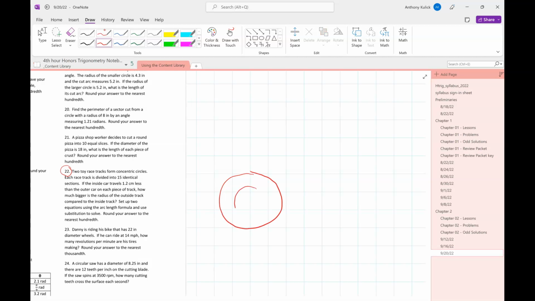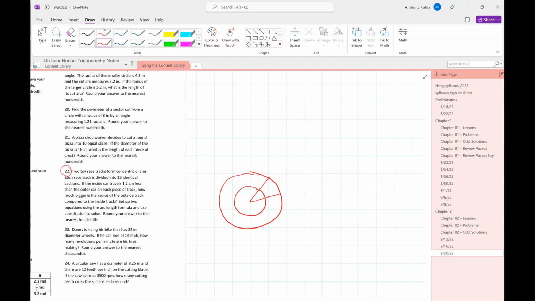So again, concentric circles means one circle's inside of the other. Each track is divided into 15 identical sections. So I'm just going to draw one of those 15 identical sections here. Is that cool? I'm not going to draw all 15 of them because I'm going to get too busy.